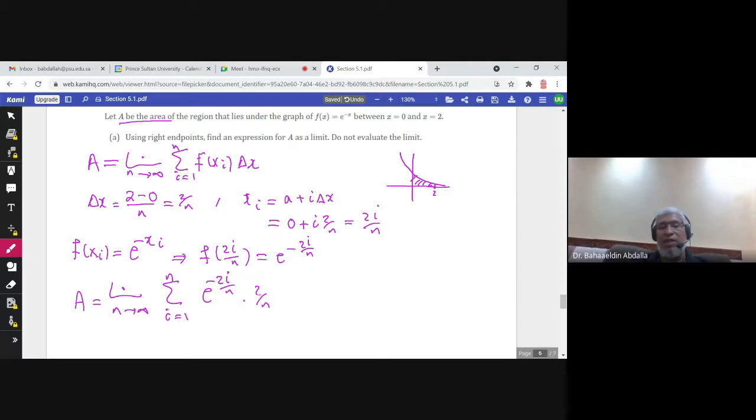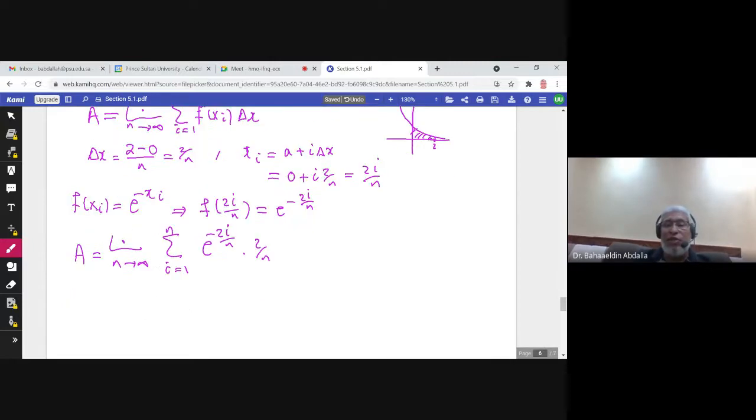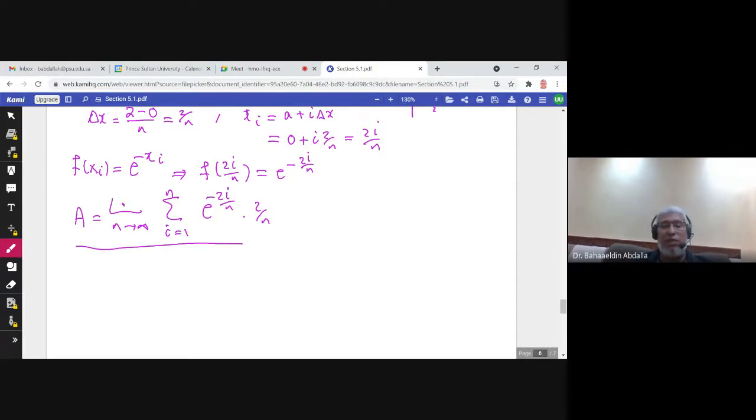You can take 2 over n outside because it has no i, or you can just leave it like this. So this is an expression. Do not evaluate the limit. We will not find the limit because he just needs this.